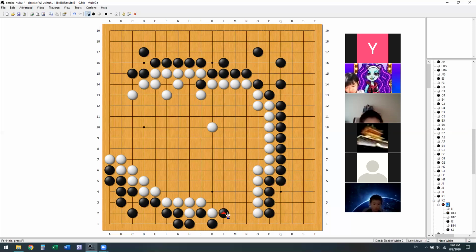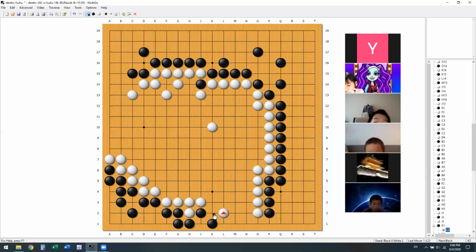If he goes there, then you're in trouble because it is a ko fight, right? A ko fight is very dangerous for white in this case. So what you should have done is just extend, or you can do something like this. This is safe. This Atari move is very dangerous because of a ko.